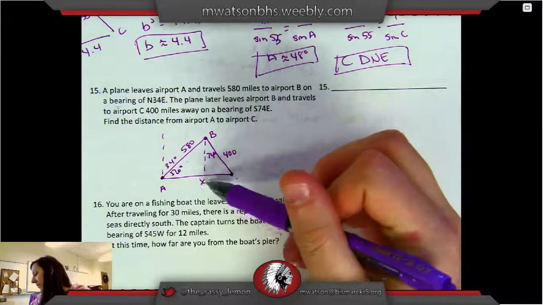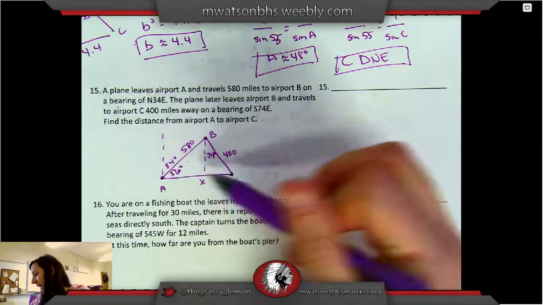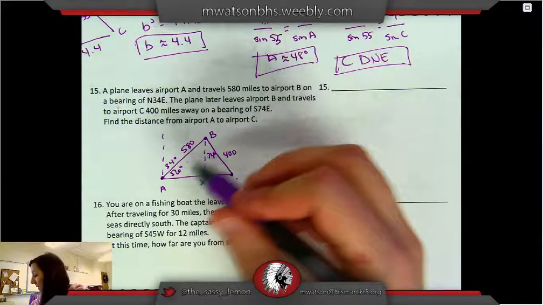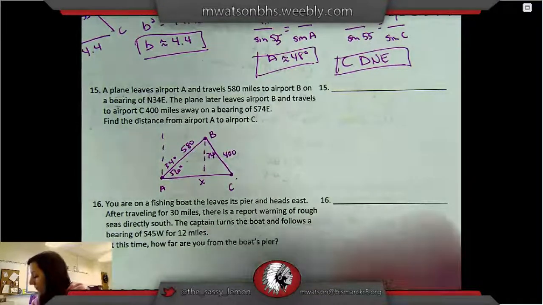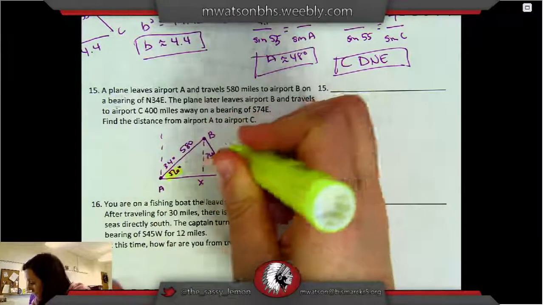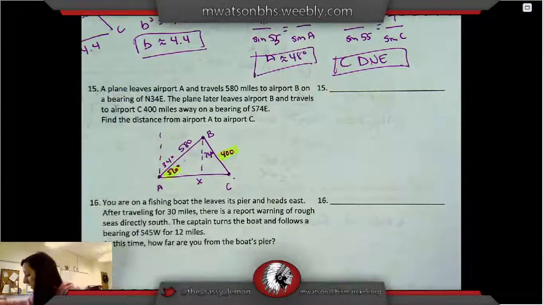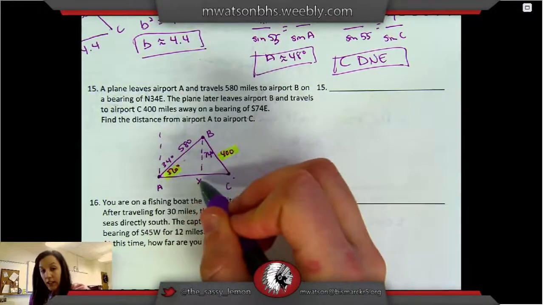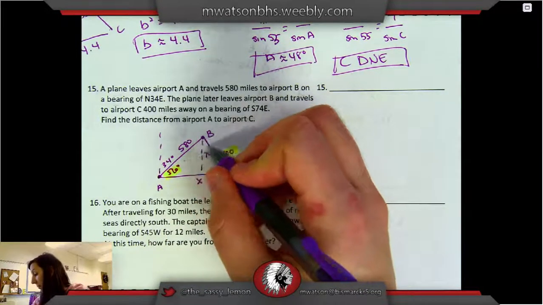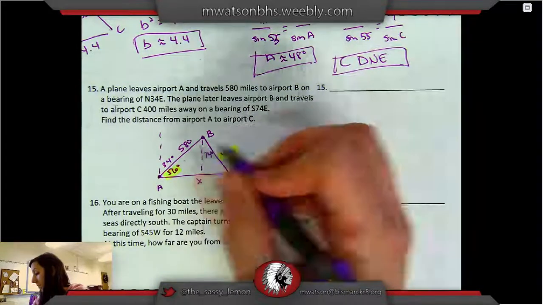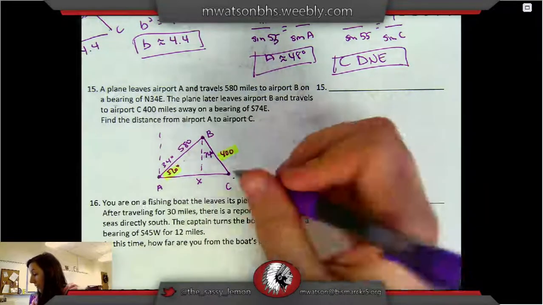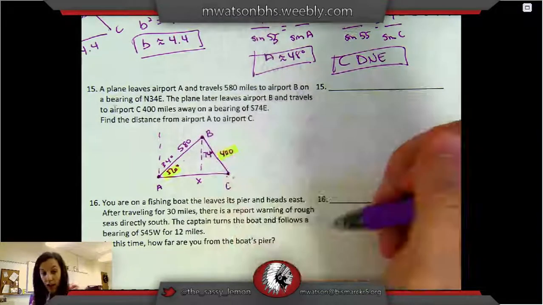So what can we do to find this x from A to C? Well, we have a known ratio right here. And in order to find this side length, technically it's side length b, we'd have to find angle B to do the law of sines. But since we don't have angle B, we're going to have to find angle C instead and subtract.